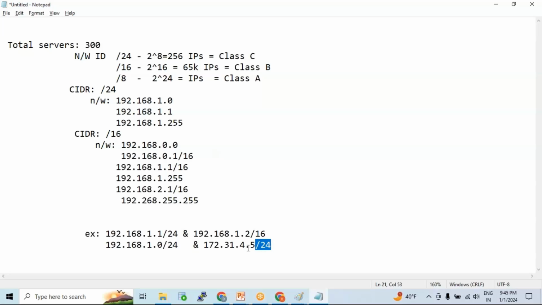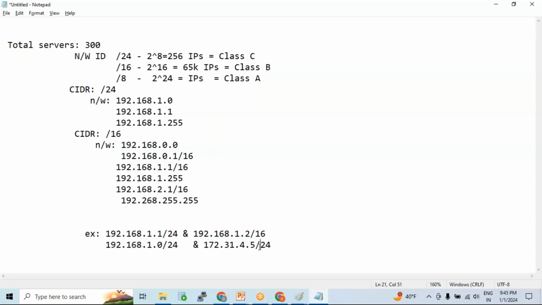If I give the IP to my server with the /24, will it work? It will work. Your computer will not complain about this. That's what I'm trying to say. It will take it on. It will tell that okay, this IP is in the 172.31.4.0 network. That's how it will understand and it will start working.